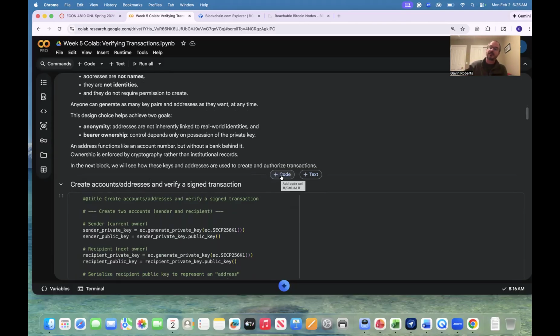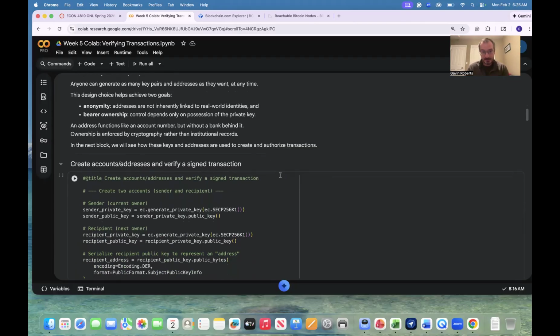Now, some blockchains are permissioned. In general, you should assume that I'm talking about permissionless blockchains like the Bitcoin network. You do not need permission to create an address to receive Bitcoin. Anyone can generate as many key pairs as they want because they're anonymous. So I could create a million addresses because my identity isn't tied to any of them, so you wouldn't even know if I was the one creating many of them.